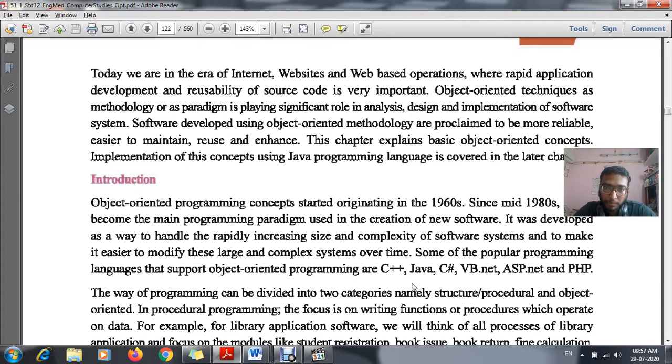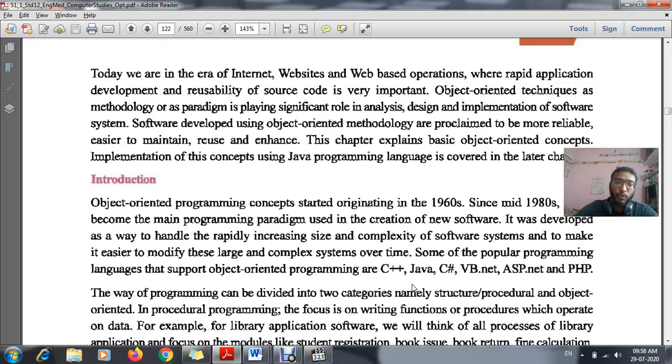I think ASP and PHP are not familiar to you guys, but normally you have heard about Java, C++, QBasic, such things, in your lower classes also. You have learned about QBasic, and in 10th standard also you learn C programming language. Okay, now for your 12th standard, from 6th chapter onwards, chapters 6, 7, 8, 9 are your Java programming language, which is known as your OOP.